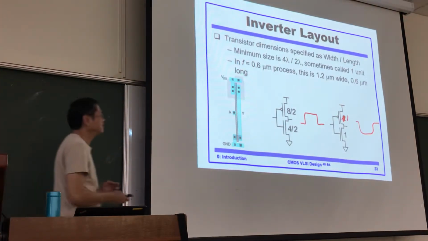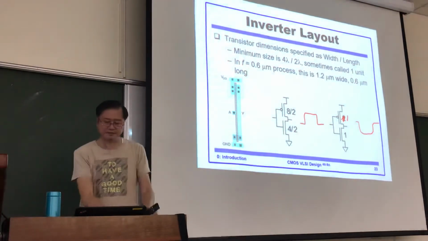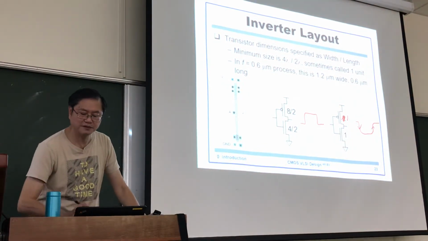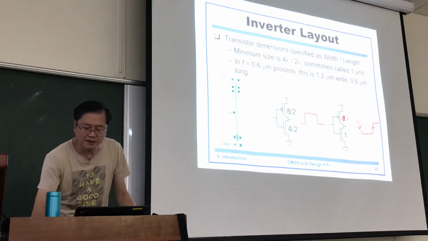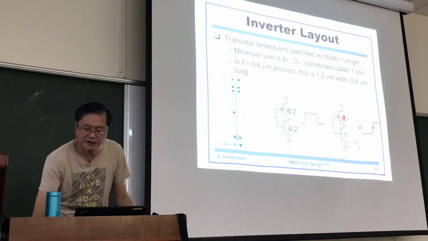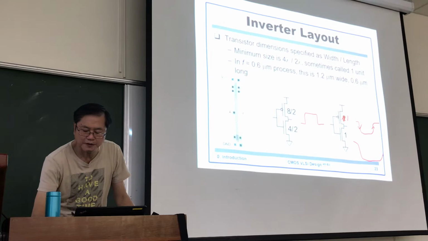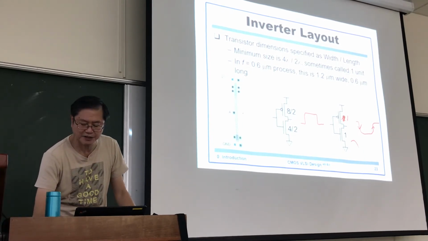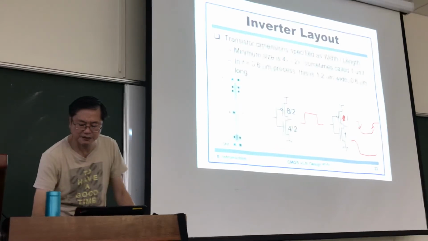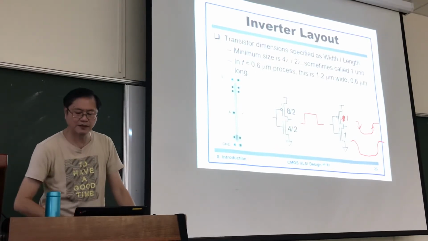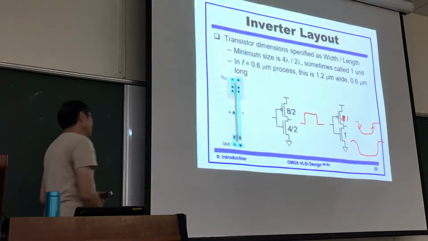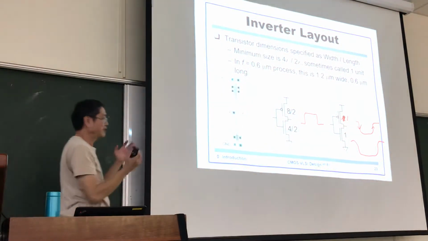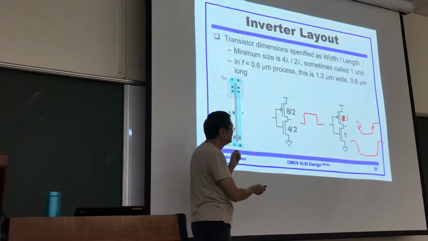Can you tell me which one is faster? High to low or low to high? Because they're slow, actually. It's slow. Okay, not very accurate. It's not really steep. It's kind of slow. But can you tell me which one is faster?